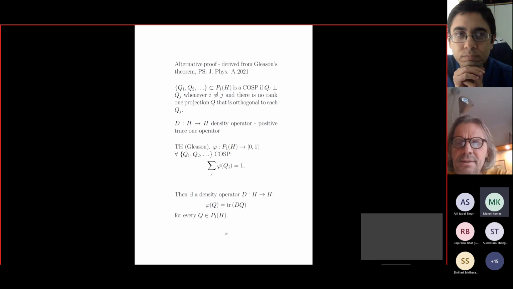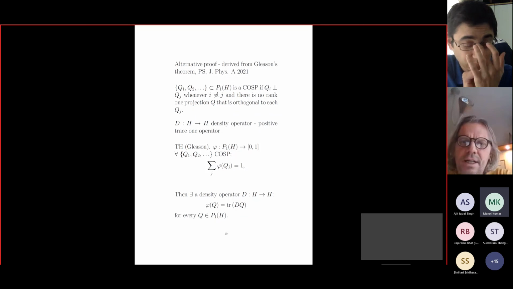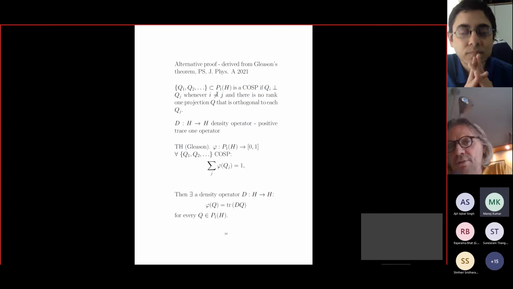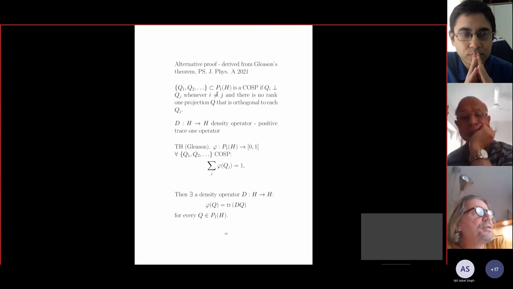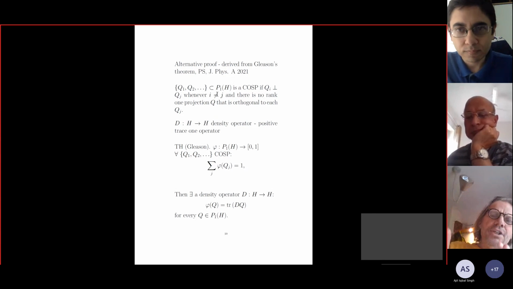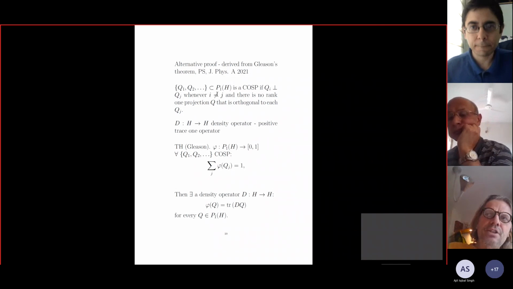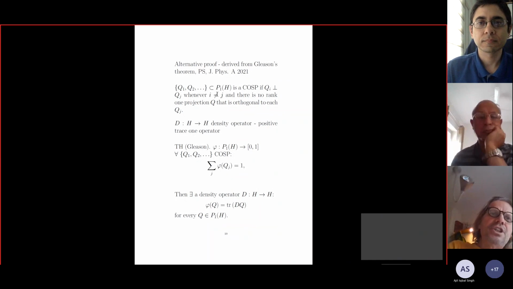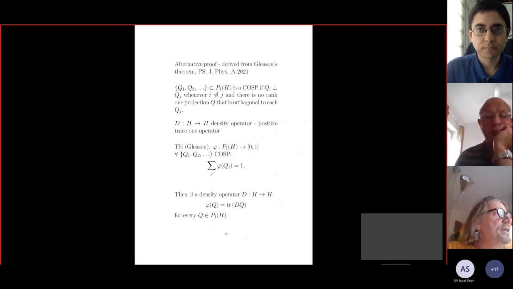Yeah, I believe these are all such basic and natural questions that people are working on them. Of course, this corresponds to an orthonormal basis. Not exactly, because projections of rank 1 are not in bijective correspondence with unit vectors.